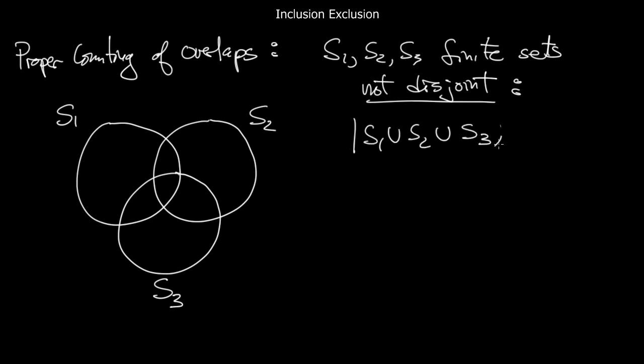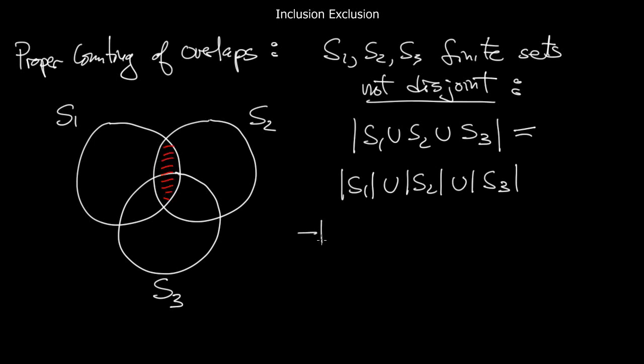Well, sort of as a first approximation, you add up the number of elements in S1 plus the number of elements in S2 and the number of elements in S3. And if the sets were disjoint, that would be correct, but S1 intersect S2 is this red region, and you've counted that twice, so you have to subtract it off.